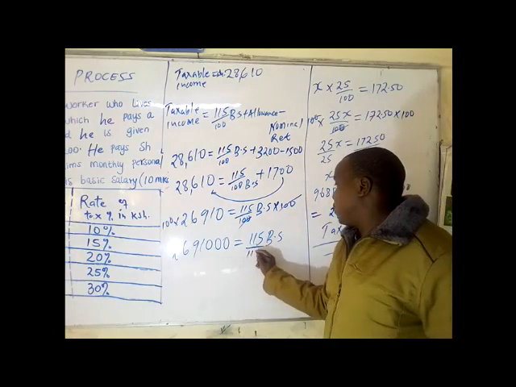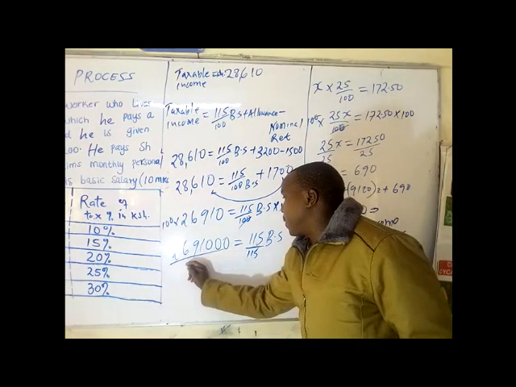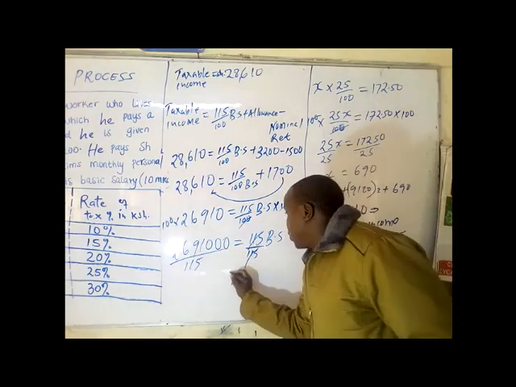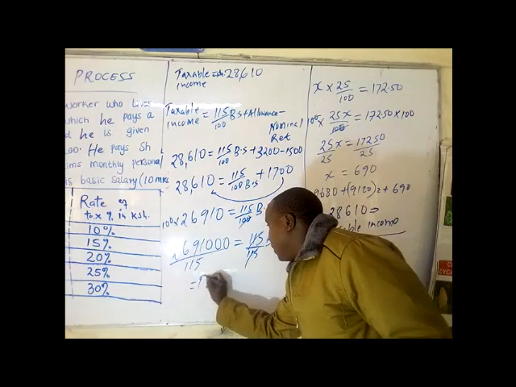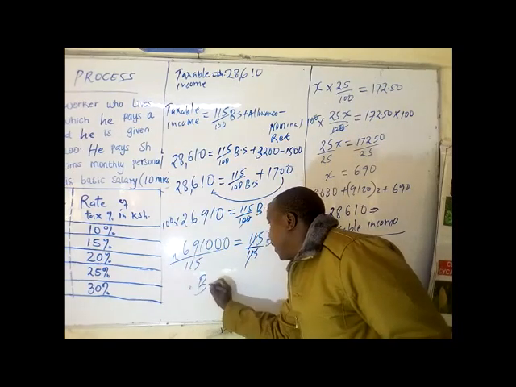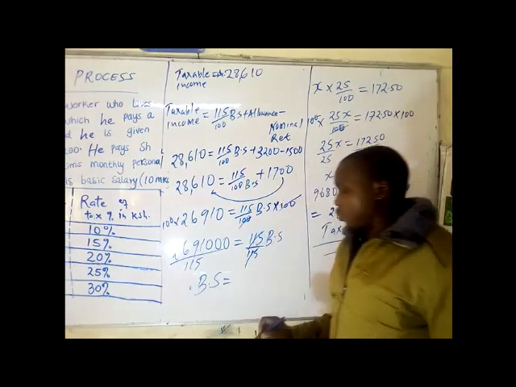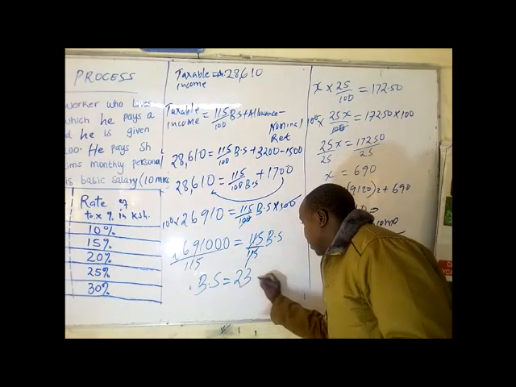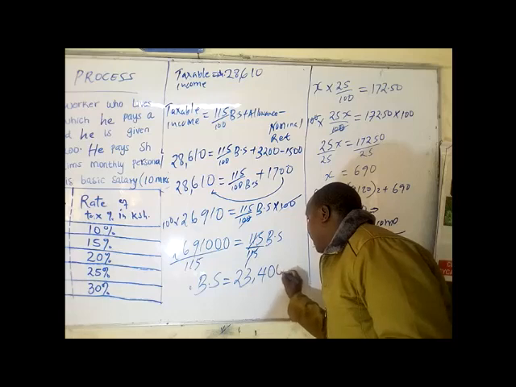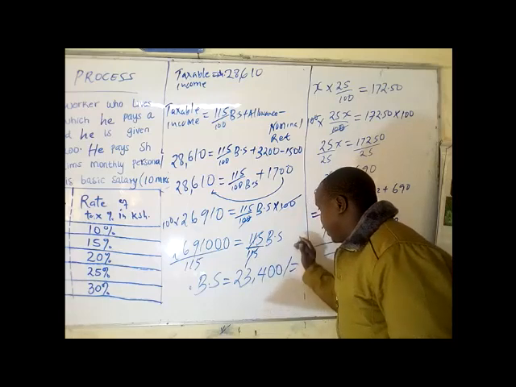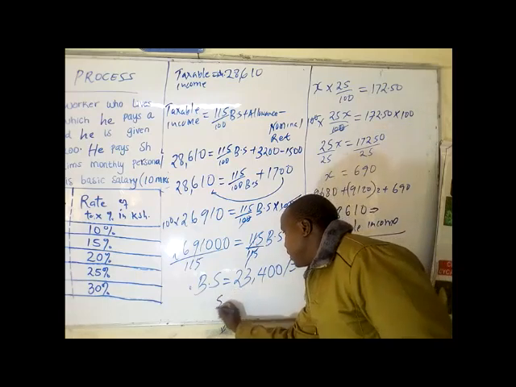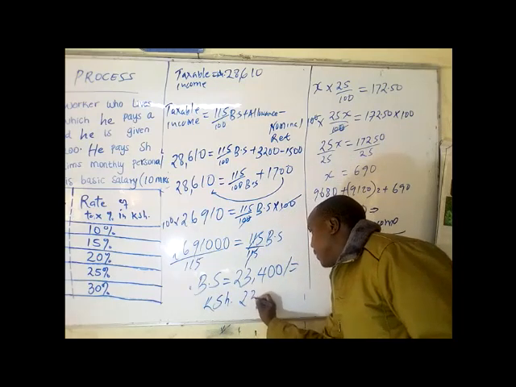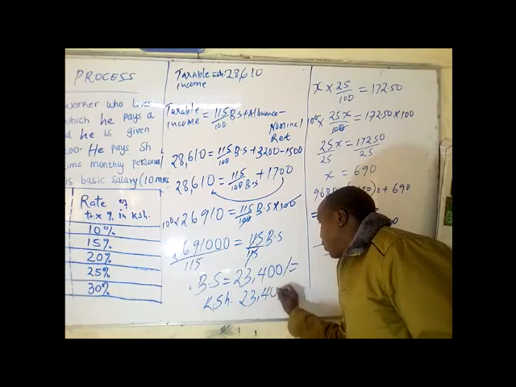This and this cancel out. So it means that our basic salary is equal to 23,400 Kenya shillings. Our basic salary is Kenya shillings 23,400.